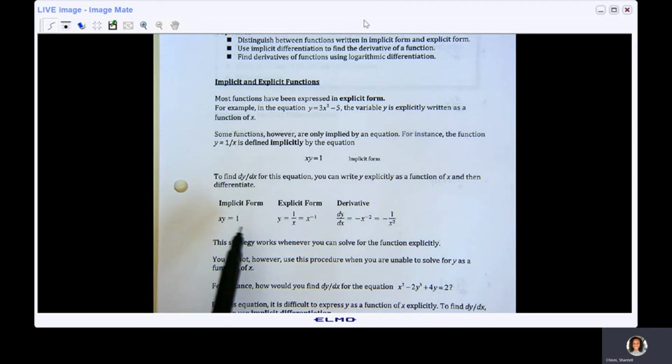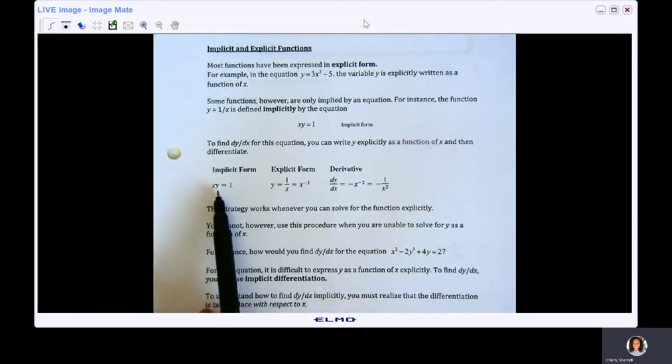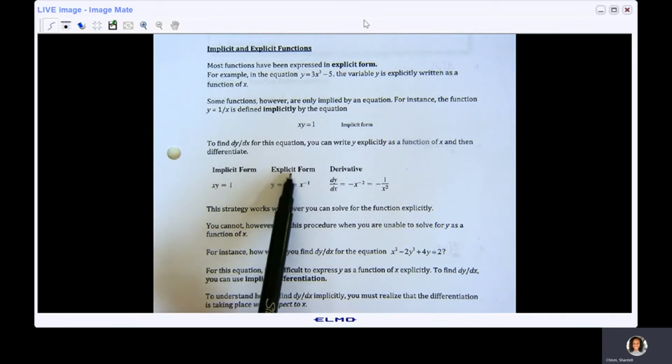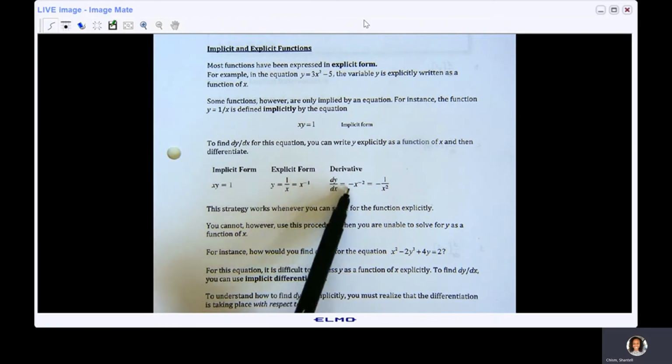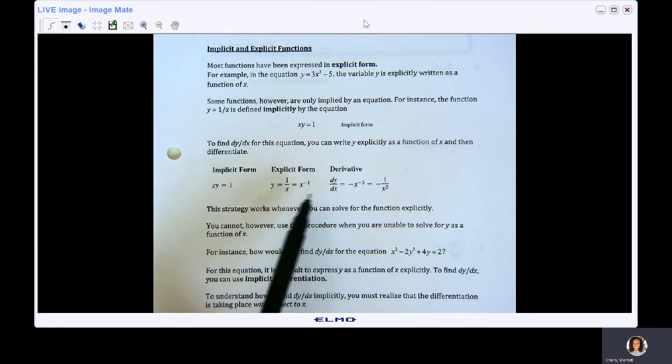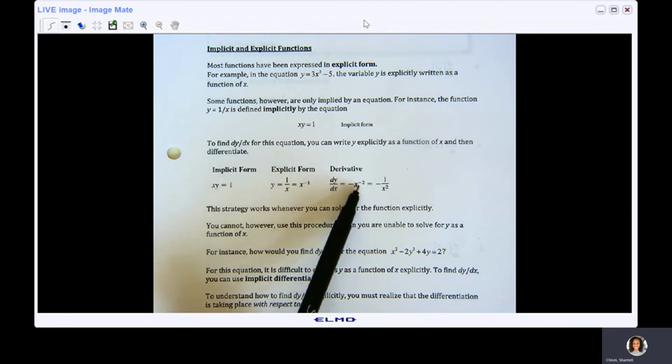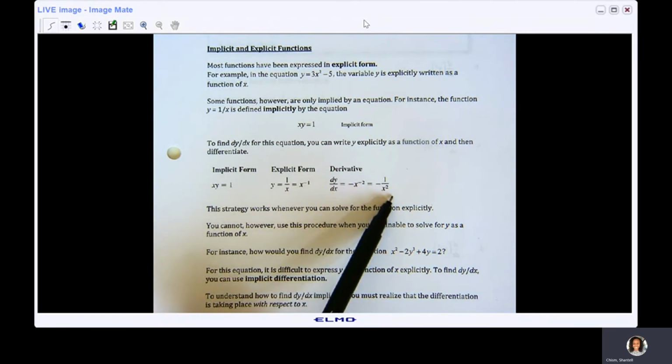So this equation, written in its implicit form, can be rewritten in its explicit form, and then the derivative of y would simply be taken with respect to x, and there you would have it.